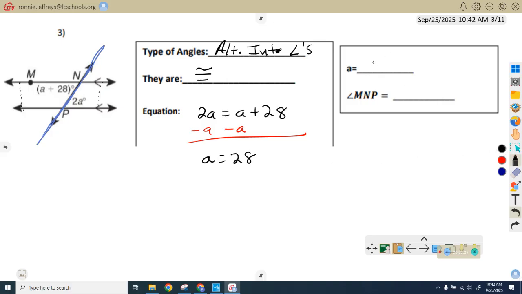So if A is 28, M and P. Alright, well these two are equal, so it doesn't matter if I do the 2 times A or the 28. 28 plus 28. I should get 56 degrees.